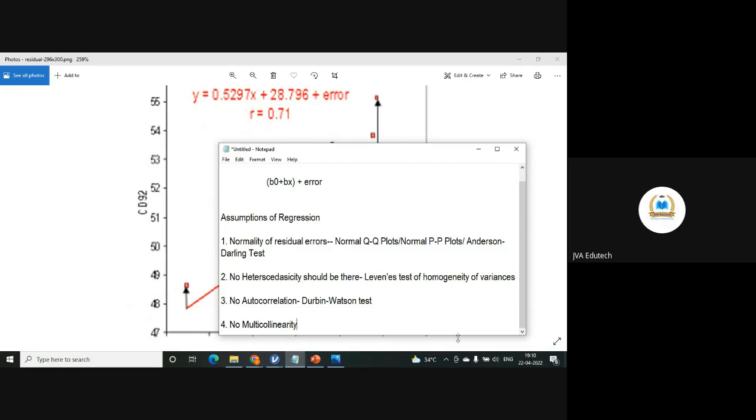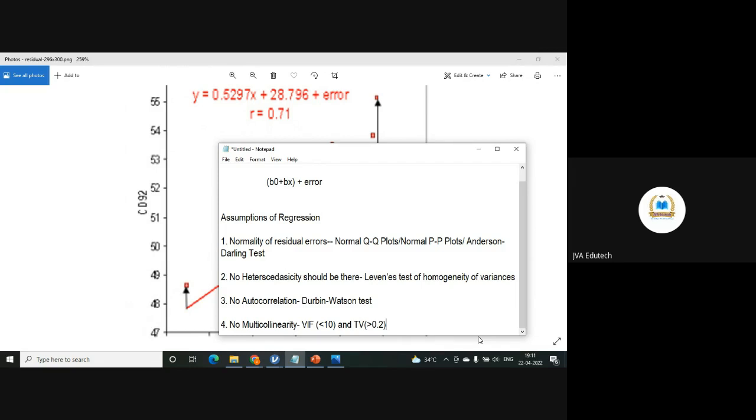So it is very important that there should be no multicollinearity. This we test through the variance inflation factor, VIF, and tolerance value. VIF should be less than 10 and tolerance should be greater than 0.2. If the VIF value is between 1 and 3, it's highly desirable; there is no problem of multicollinearity.